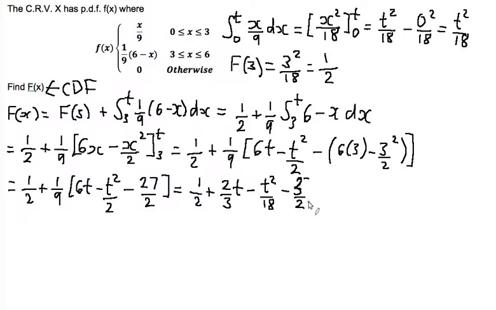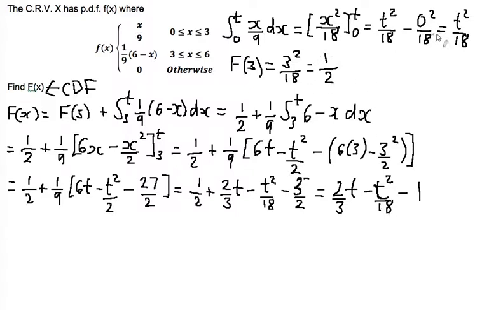That's why I made that little mistake a moment ago. So finishing off, a half added to minus 3 over 2 just leaves us with minus 1, so 2/3 t minus t squared over 18 minus 1. Okay, we're almost there now.